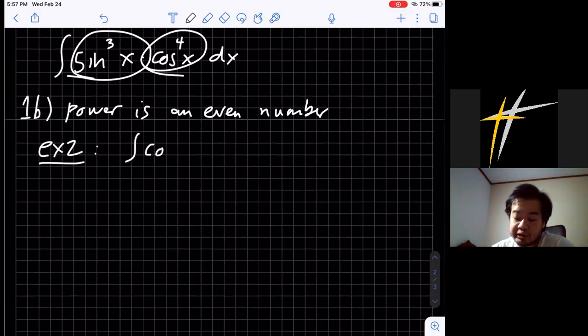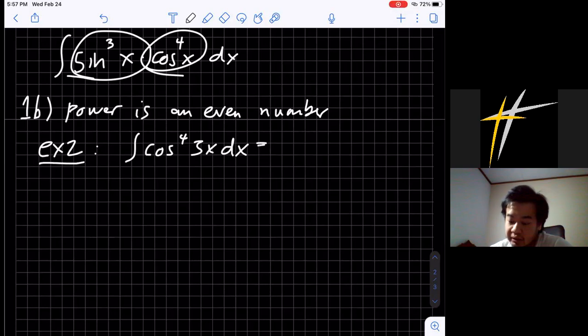Integral of cosine power 4, let's say 3x dx. So if it is an even number, then you need another way. You need to change it differently. How?